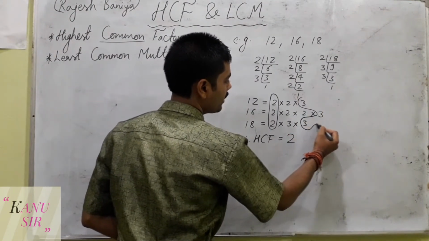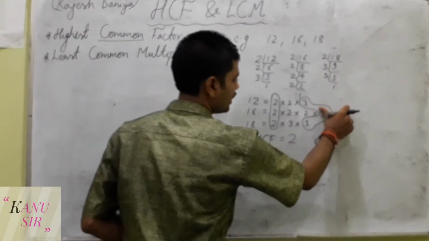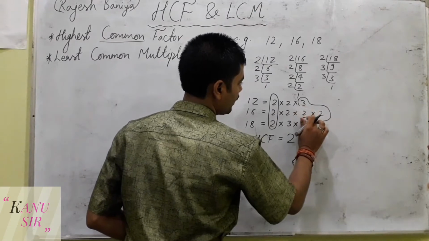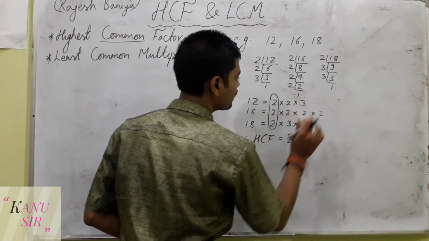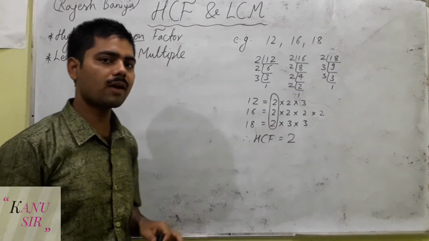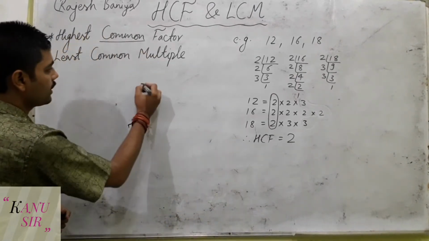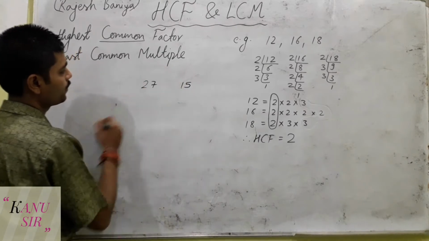Then 3 would be another common factor, but we don't have 3 in 16, so we just write 2. The factor which is common in all the three numbers is called the common factor, and the largest one is the highest common factor.